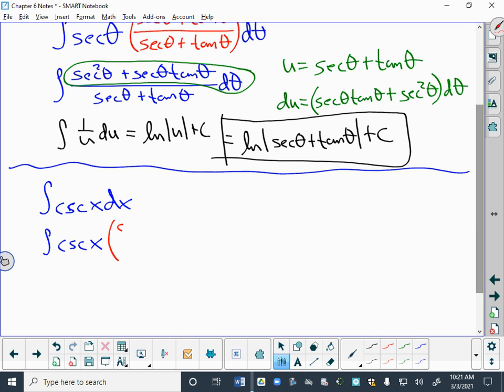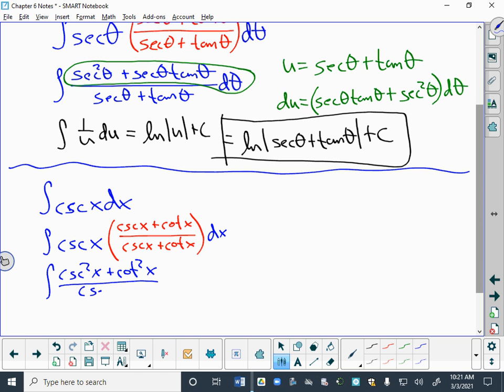Let's go with cosecant x plus cotangent x over cosecant x plus cotangent x, and we've still got the dx on this, and when we rewrite and distribute, we're going to have a cosecant squared x plus cosecant x cotangent x over cosecant x plus cotangent x dx.